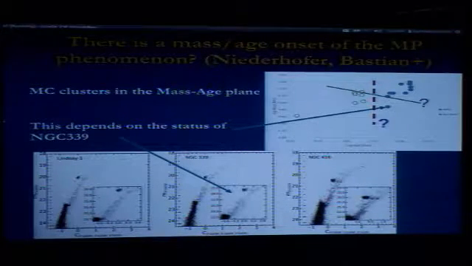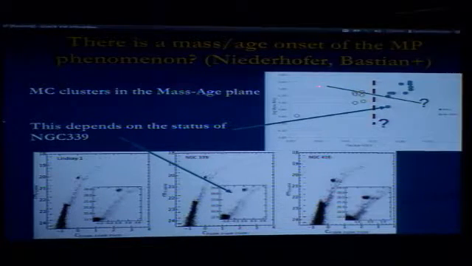There is a gap here, which is quite large. It's of the order of, these are 2 billion year, and these are 6, 7 billion year clusters. So this gap is quite large. But the other problem is that they interpret it in this way, this dashed line. Young clusters do not have, old clusters have, sodium and oxygen variations, so multiple populations.